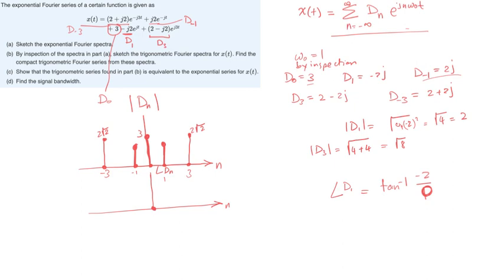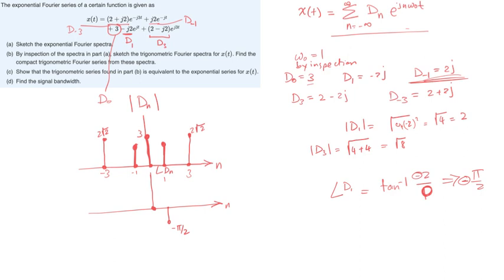You were right. Okay? So the angle here is pi over 2 with a negative sign because you have a negative sign here. So for 1, you have negative pi over 2.